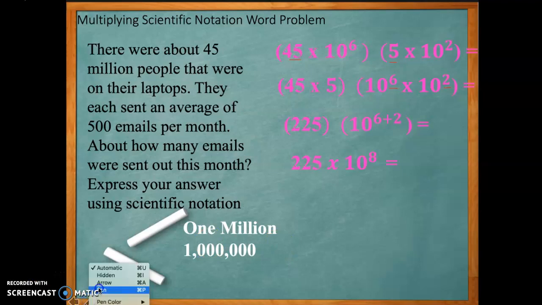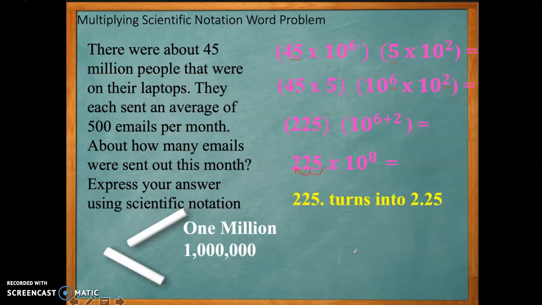Again, you start your dot if you don't have it at the end of the number, and I'm going 2 places to the left. 1, 2. Since I went 2 places to the left, this turns from 225 to 2.25, and the answer is 10 to 6, because since I went 2 places left, I am subtracting 8 minus 2 to represent that movement.